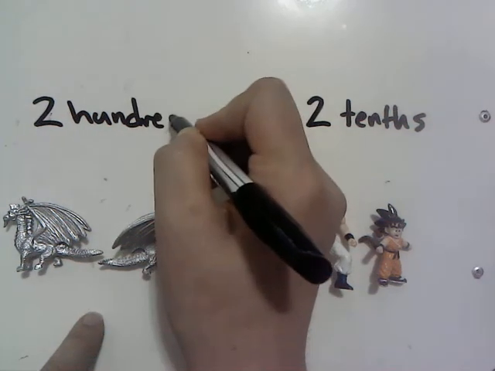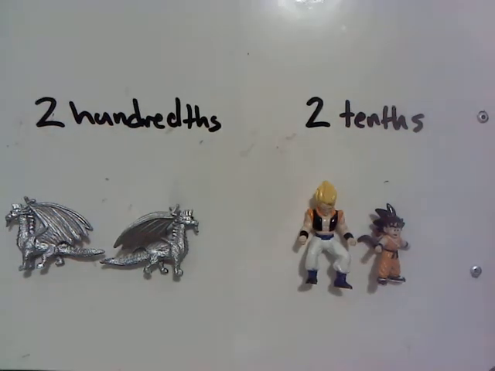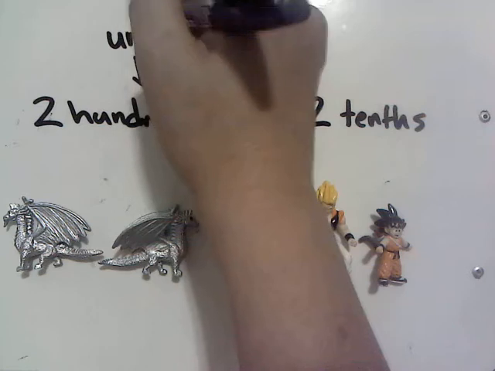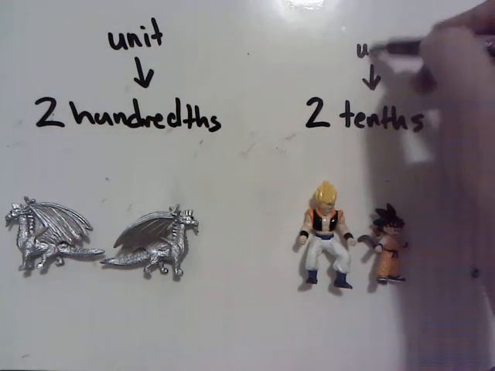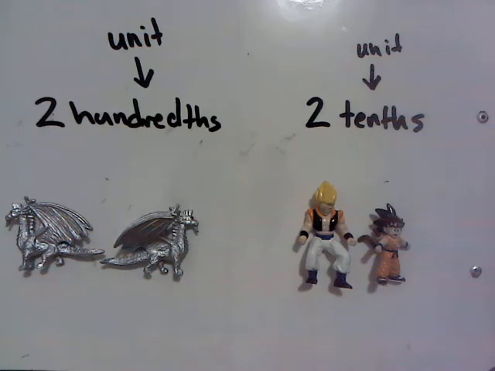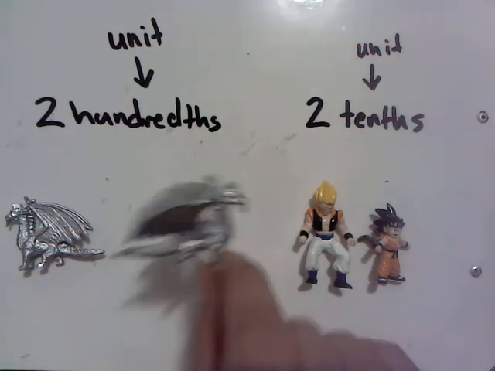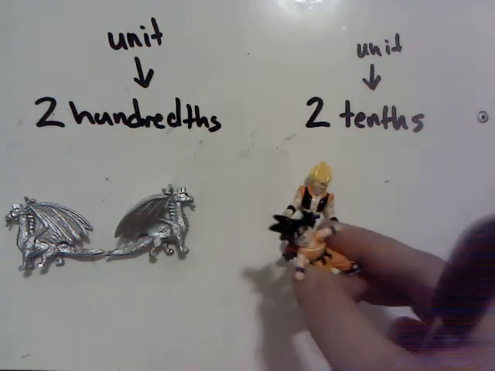So I'm changing the unit. When I say unit, that is the size of the thing we're counting. So one of these is going to be smaller than one of these.